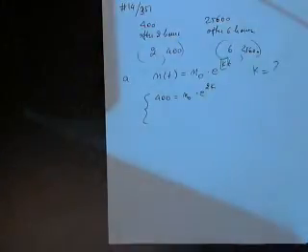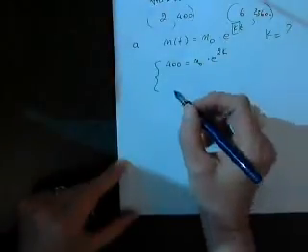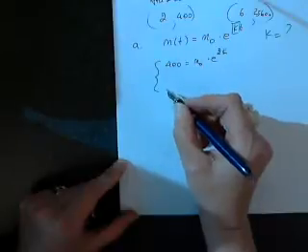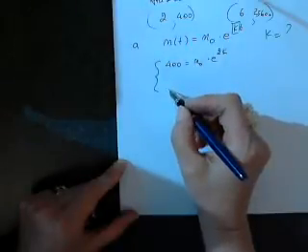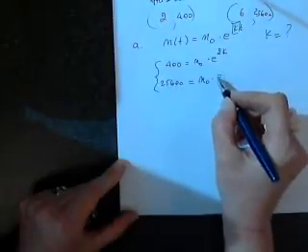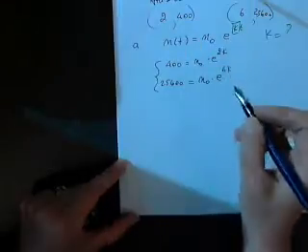This is what I have from the first point. Perfect. Can anyone dictate for the second point? 25,600 equals N0 times e to 6k. Perfect. I have two equations, and I'm trying to solve for k.